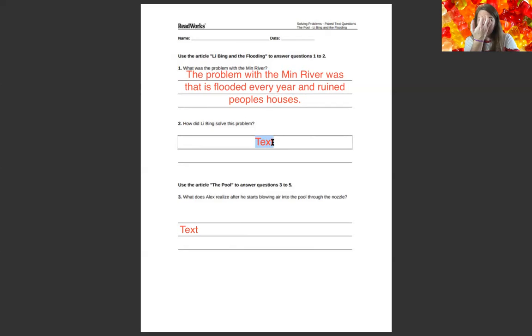So he had a levee built to reroute some of that water. So Li Bing solved the problem by having a levee built to reroute some of the water, right?